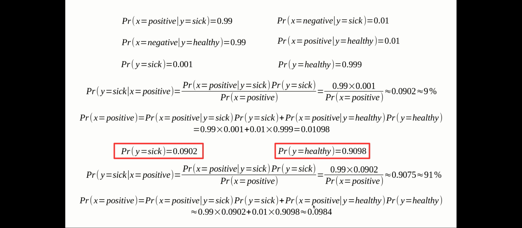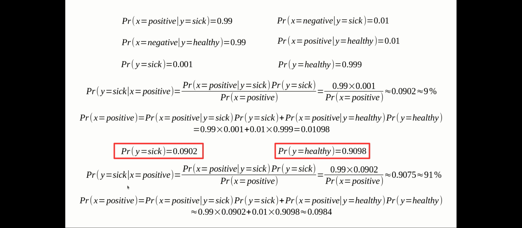That's the value of the denominator. If you bring this denominator into the calculation, you're going to get a result that's about 0.9075. So that turns out to be like 91% chance that you are actually sick, right?